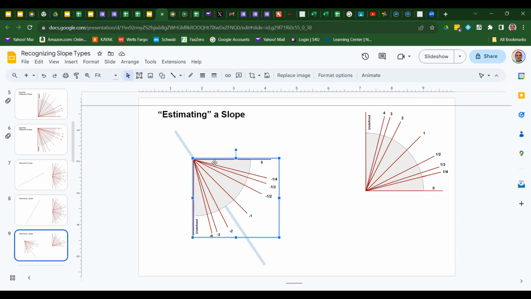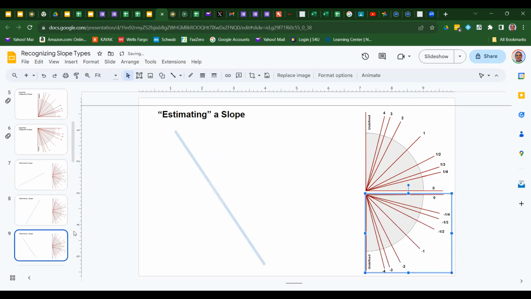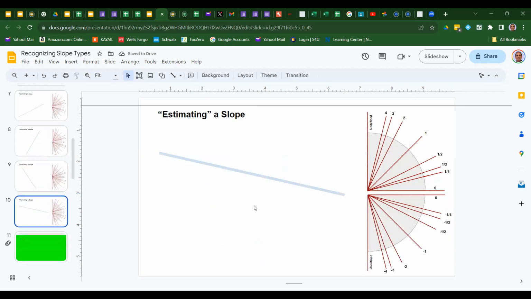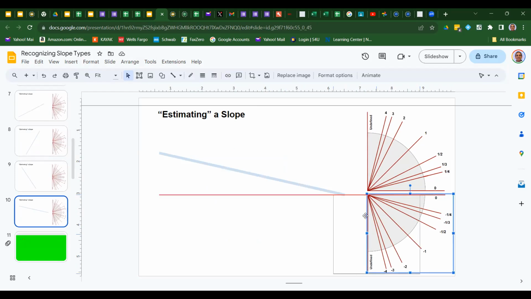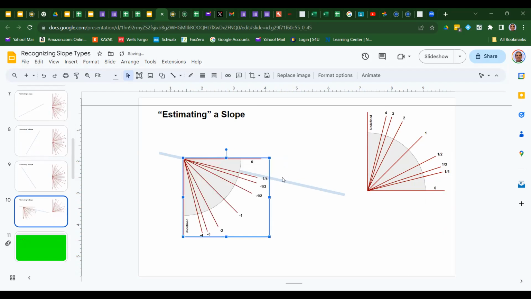Now, the idea is that you get sort of used to this to the point where you don't need a gauge. You're not going to have a gauge when you take an exam, but that you're familiar enough with these to recognize that this is a gradual negative slope. The gauge just helps confirm and reinforce what we're seeing.